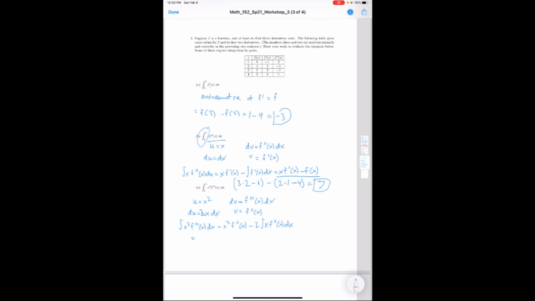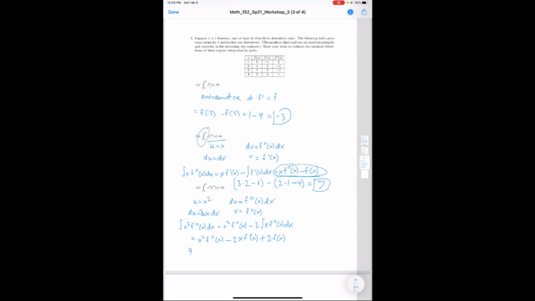So this is going to equal x squared f double prime of x minus 2 times this expression. So that's going to be minus 2x f prime of x plus, using the distributive property, 2f of x. So now we're going to just evaluate that at 3 and 2 and subtract.